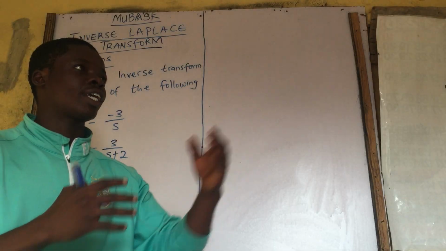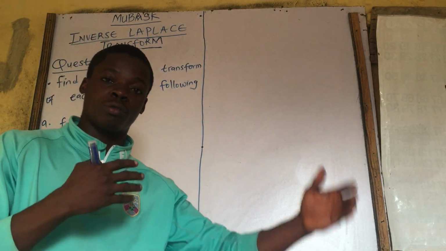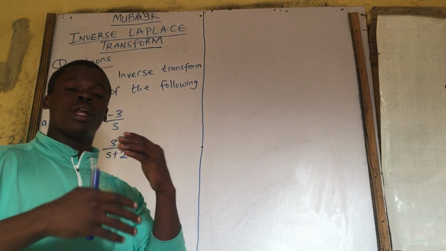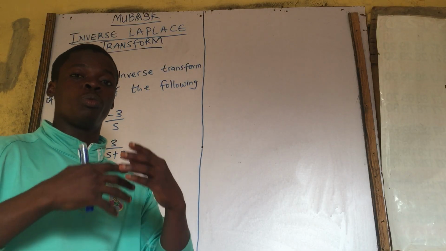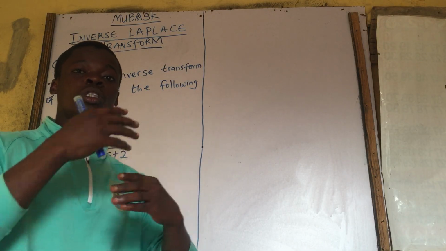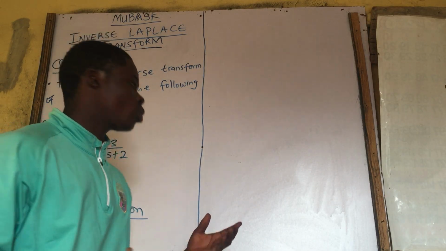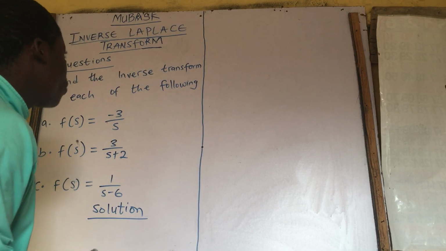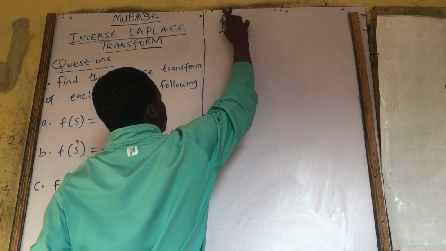For example, if we have f of x, it will change to f of t. So in our given question, if we have f of x, our answer will be derived as another function entirely, which is f of t.